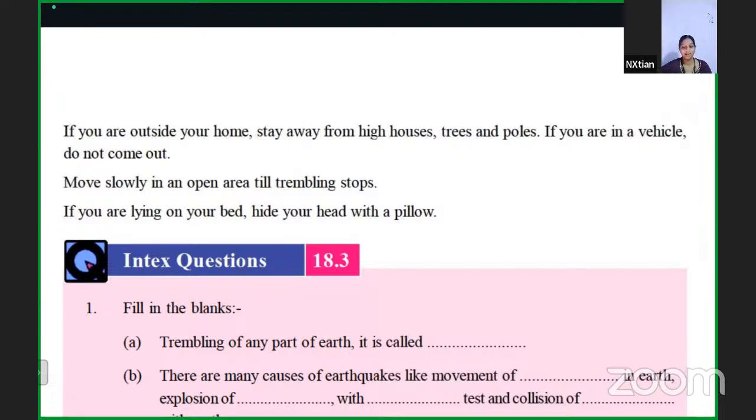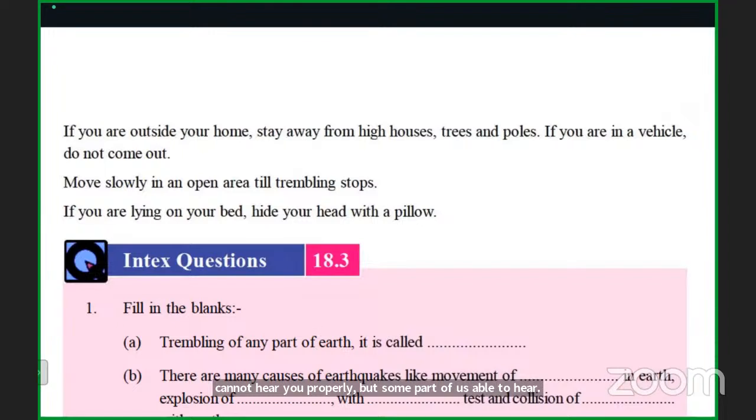Ma'am, if there's an earthquake, can a person fall into a ridge? If there is a what, Abraham? Can anything fall into a crack? An earth crack.